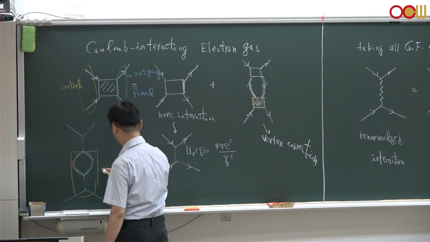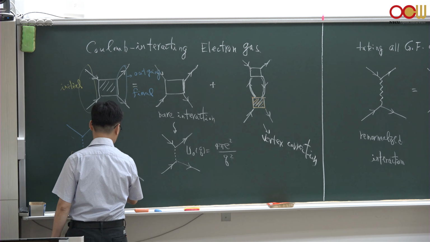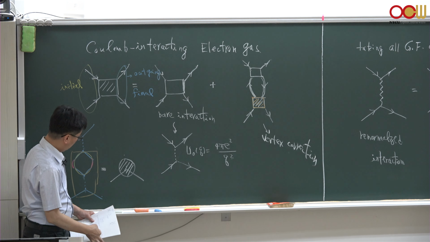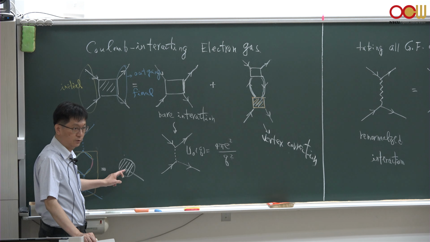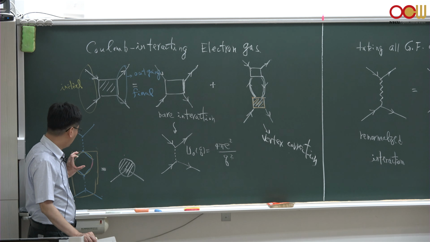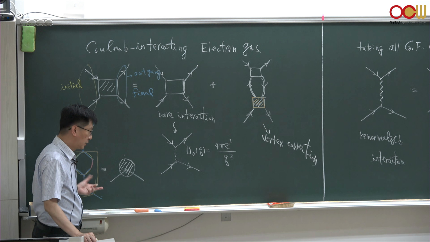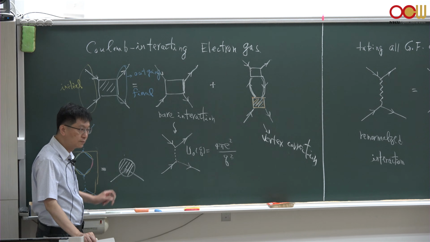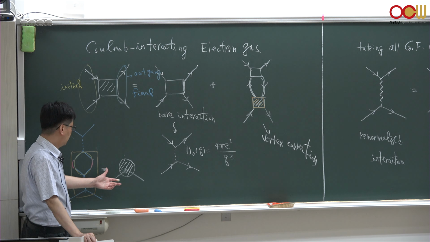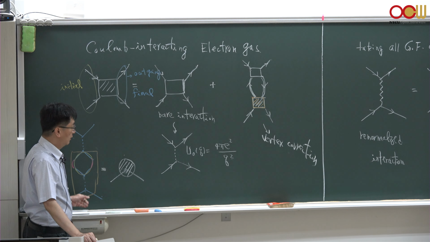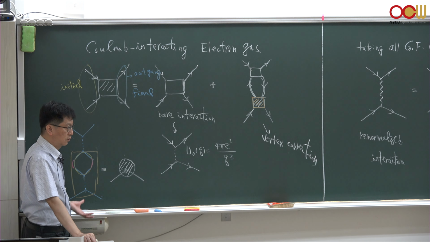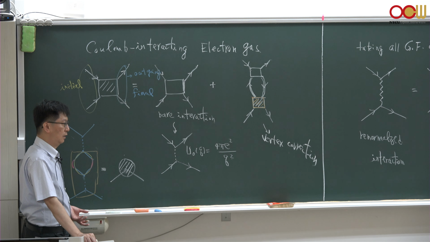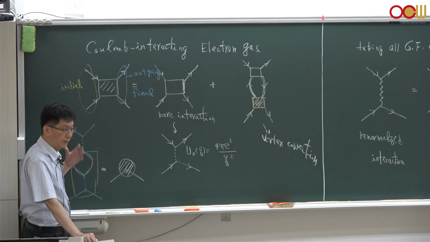So this should be understood as some kind of correction to this three-leg interaction point right here, and this is called vertex point. And this diagram, this bubble in the middle, actually renormalizes this three-leg diagram, one dashed line and two solid lines. So we call this vertex correction, and it is the vertex correction that will lead to many interesting quantum phenomena, such as the screening of a Coulomb potential and also the dielectric function.